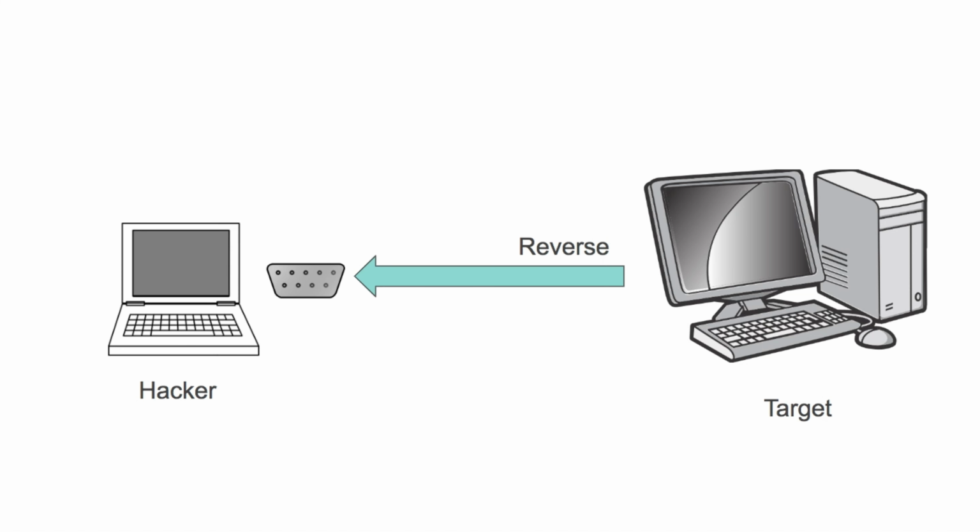And so that is exactly what we are going to do. We will create a backdoor with a payload using the port 8080. In the next video, I will show you how we can do that.